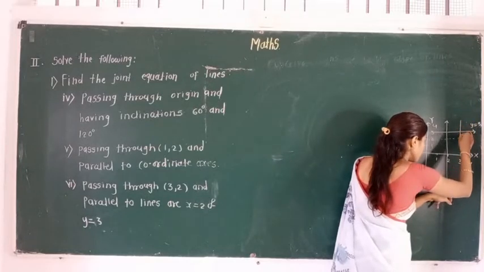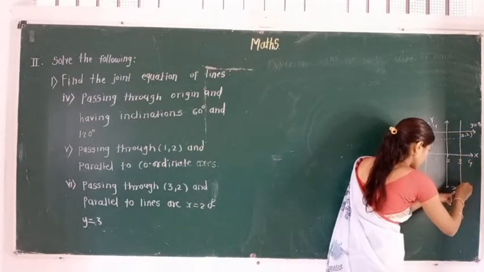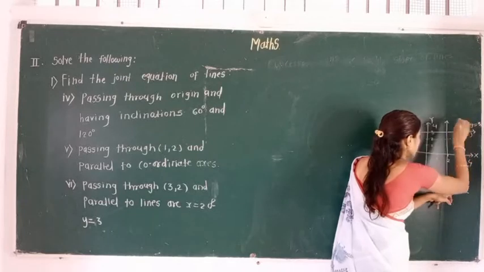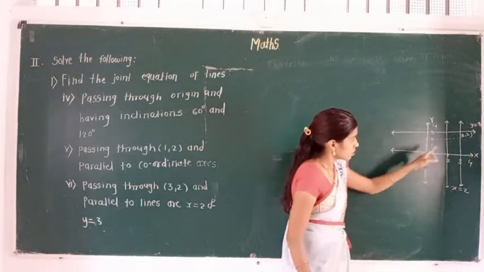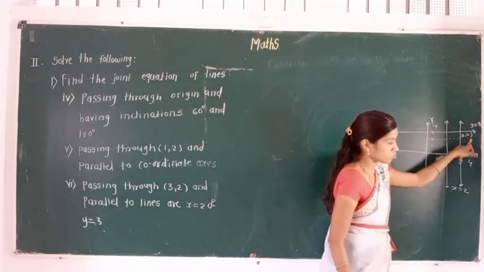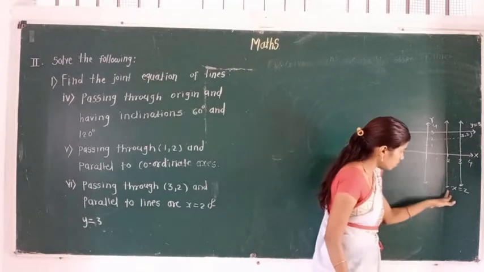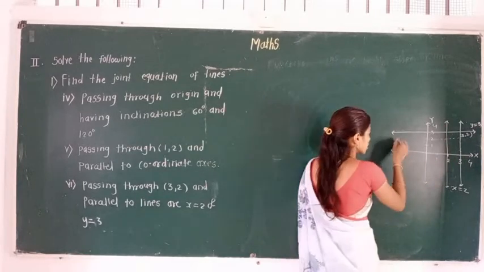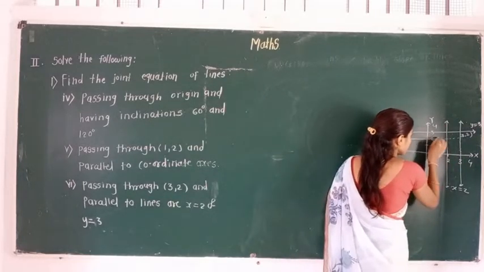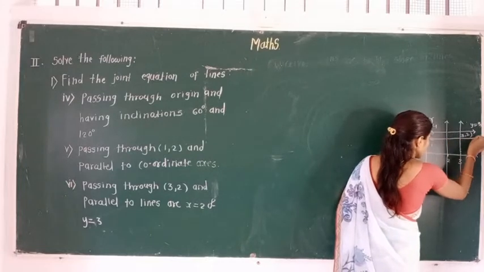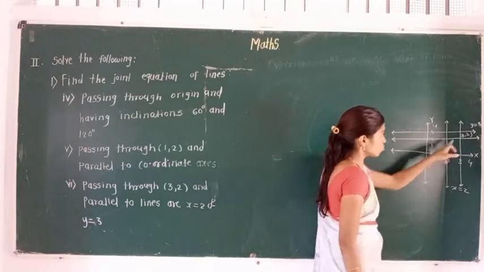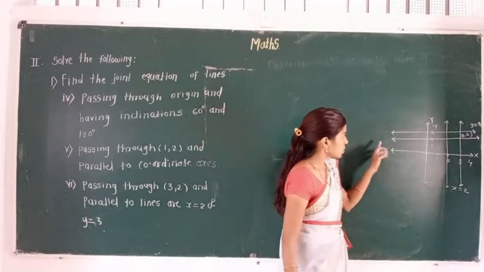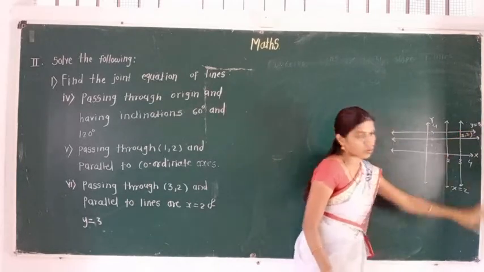Here is the first line. And the second line is here. Draw it. This line is also passing through (3, 2) but parallel to the line y is equal to 3.